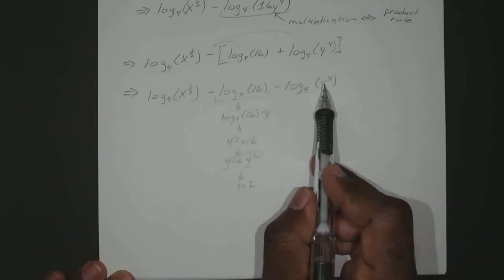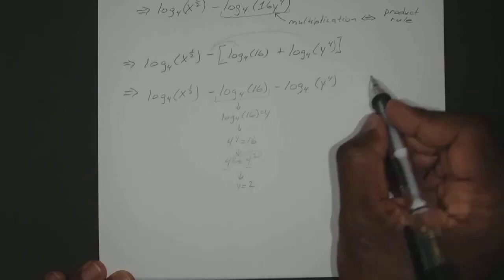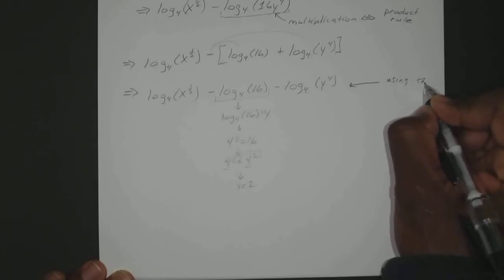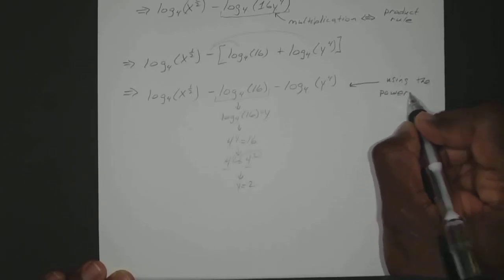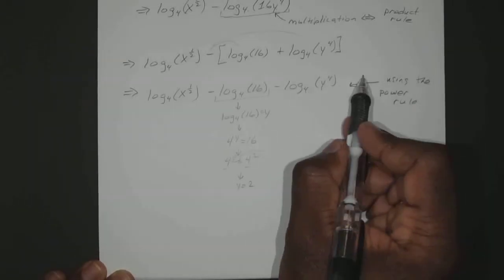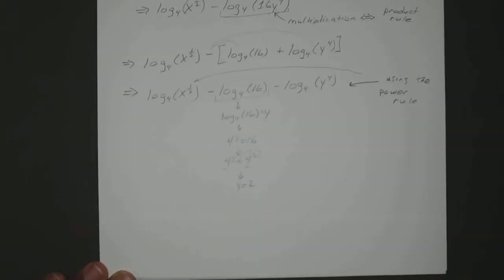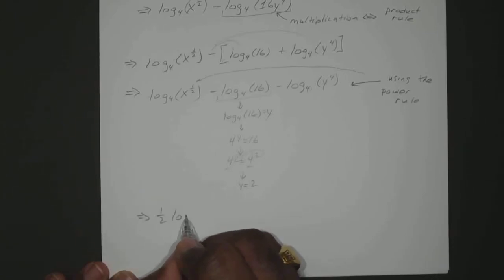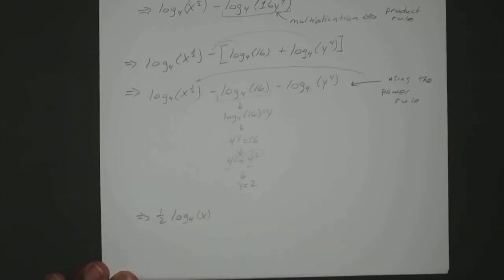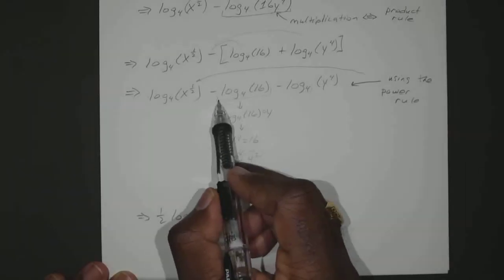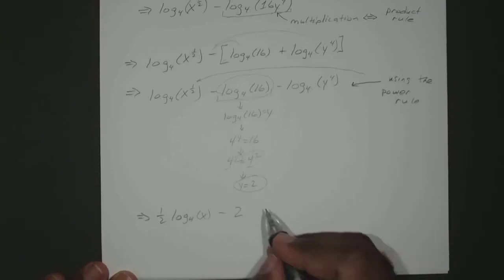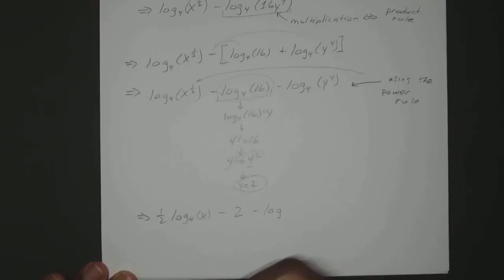All right, so if we did go ahead and use the power rule for this term and for that term, we end up with, bring that 1/2 down to the front, 1/2 log base 4 of x minus, this just became 2, so minus 2 minus, forgot to bring down our 4.